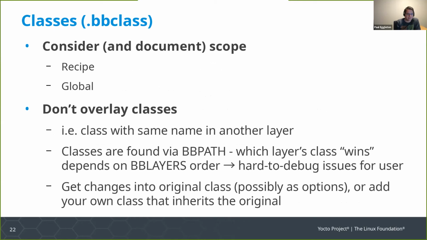This is bad practice because, what I mean by overlay is have a class with the same name in your layer as another layer. So maybe you think you need to make some changes and you're just going to copy it and modify it. Classes are found by BBPATH, so BBLAYERS order will determine which one wins, and then you're into another hard to debug situation for the user. Basically work upstream.